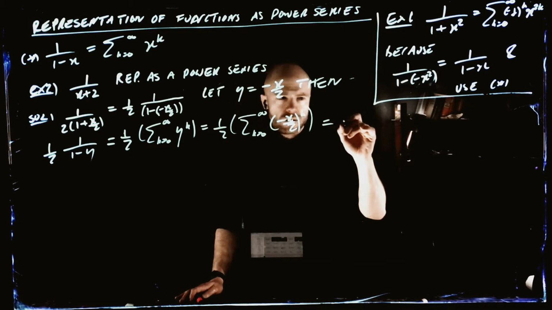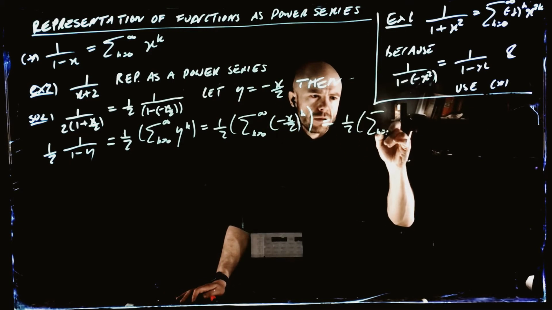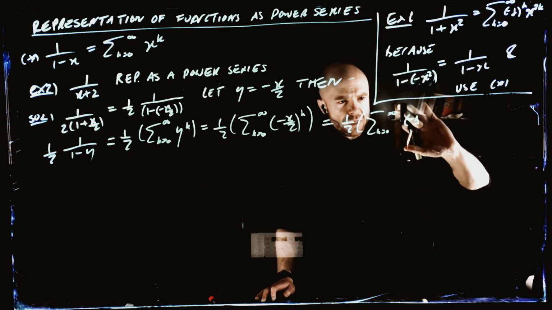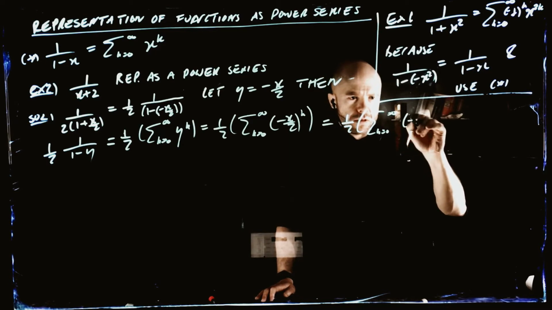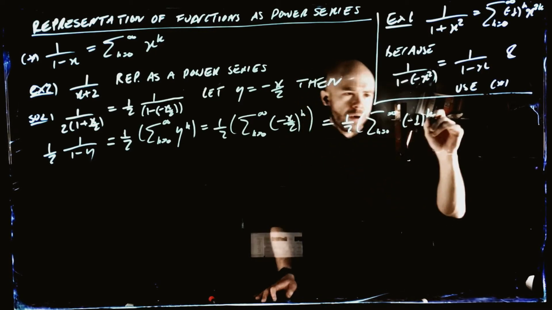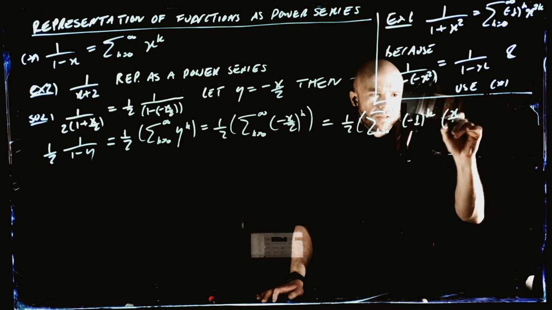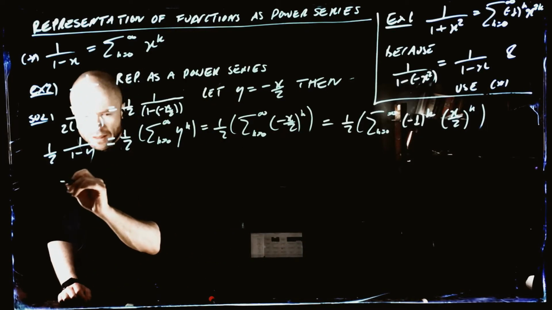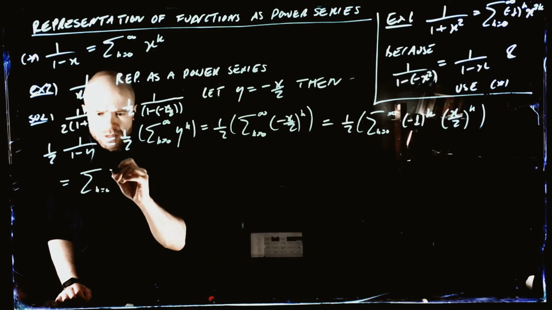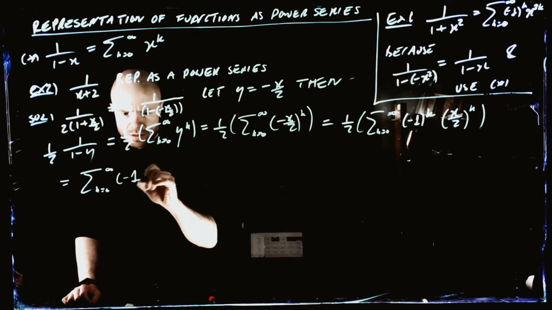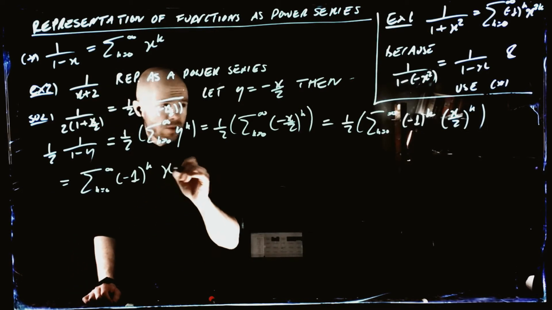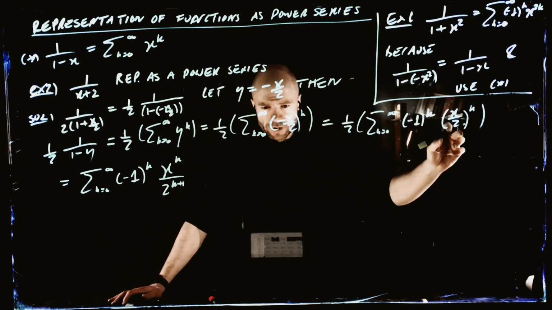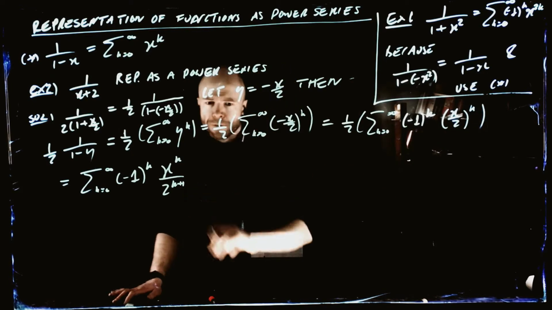All right, and then we can clean this up a little bit. Let's take out the minus 1 from this expression, so we have minus 1 to the k, right, pulling out the minus 1, and then we're going to have x over 2 to the k like this, but we have this 1 over 2 right here, so ultimately we can write this like this, the sum k equals 0 to infinity of minus 1 to the k, x to the k over 2 to the k plus 1, where I've taken this 1 over 2 and I've multiplied it through so that it comes down here.